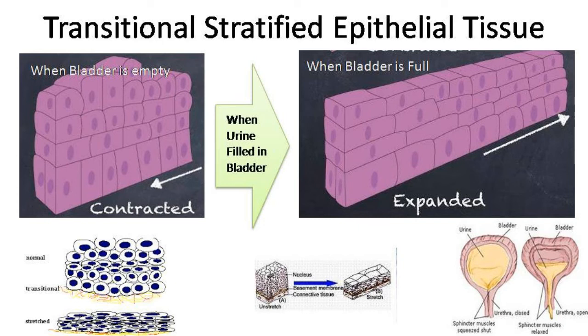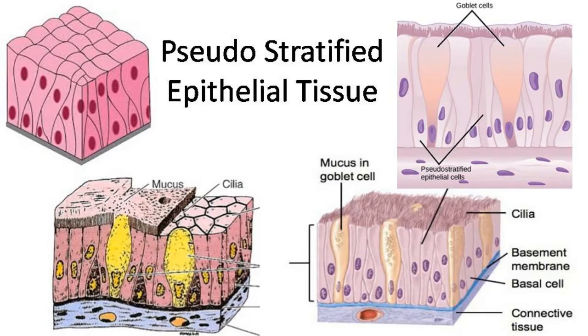What is the difference in transitional epithelial tissue? In the transitional epithelial tissue, there is change of the shape of the cells, as in the urinary bladder. And last is the pseudo-stratified epithelial tissue.